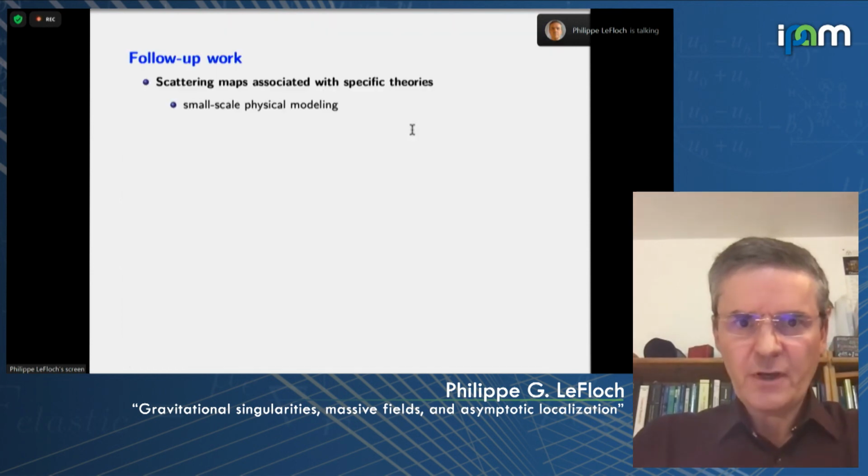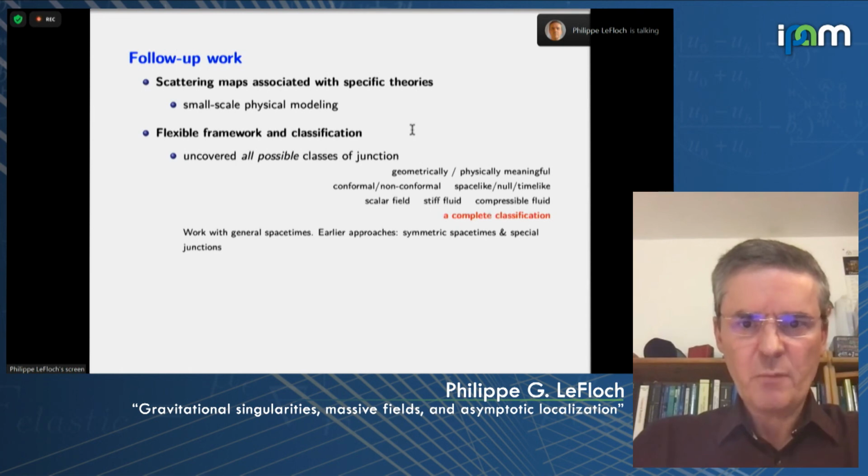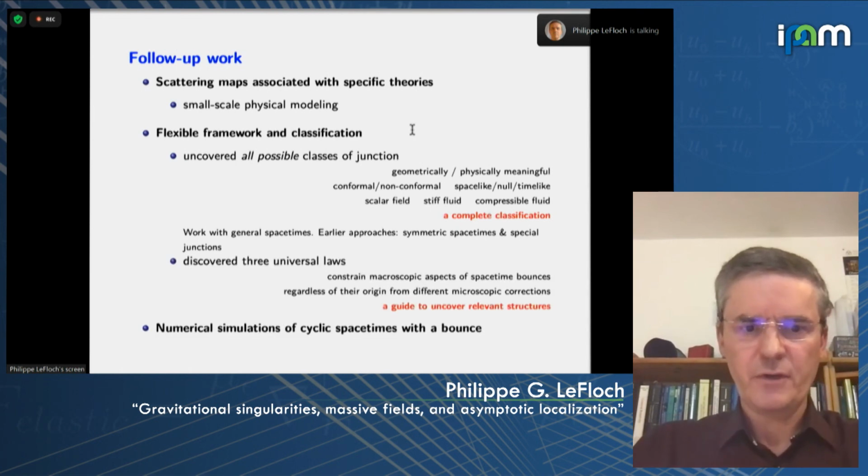Okay, so basically what we have in mind now is to rely on this classification and do a number of numerical experiments, and we somewhat started to do that, but would be very happy to be joined in this project by some other people. If anybody is interested, please contact us.